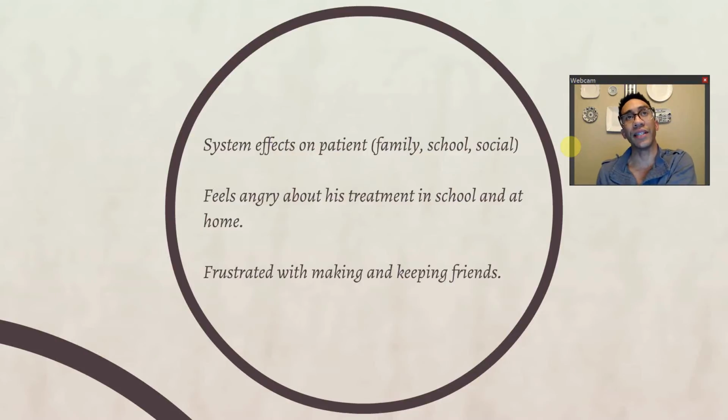Not saying I'm creating distance because I have ADHD, but because they don't accept me or they're just wrong, is usually the line that I've heard. So frustrated with making and keeping friends. Those friendship networks sometimes are not so great, for the reasons that we talked about earlier, and they all basically come down to symptomatology.